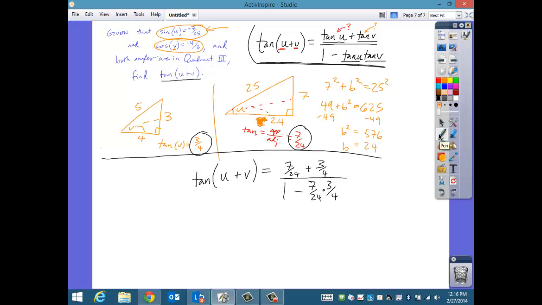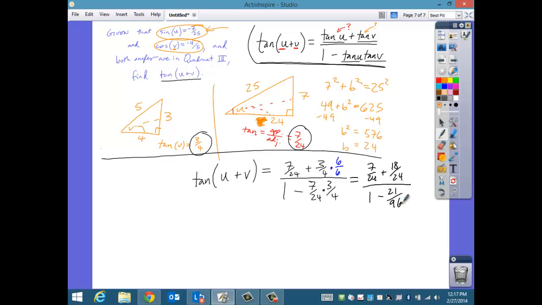Why don't I shrink down again. I'm going to need some common denominators here. I'll multiply by 6 on top and bottom, and I'll get 18 over 24. And on the bottom here, I have 1 minus 21 over 96 if I multiply.